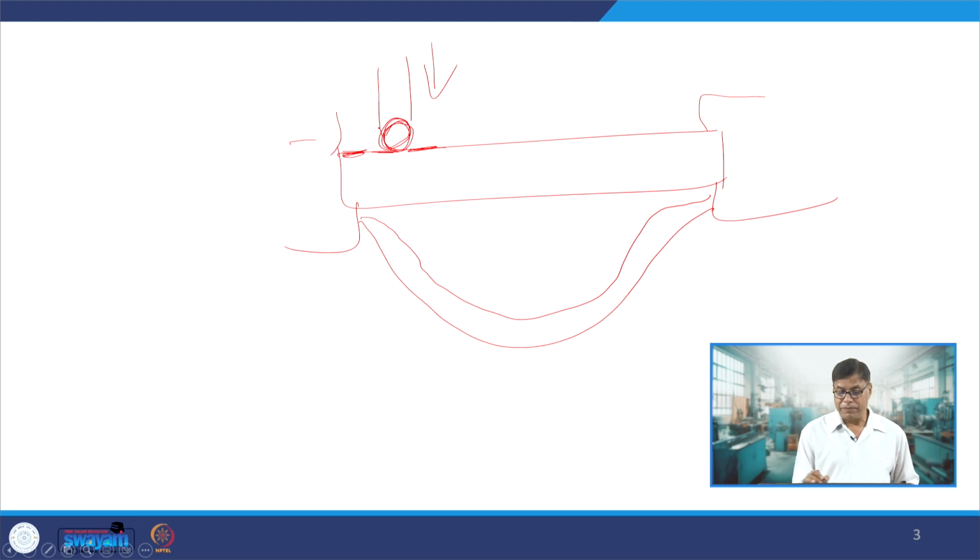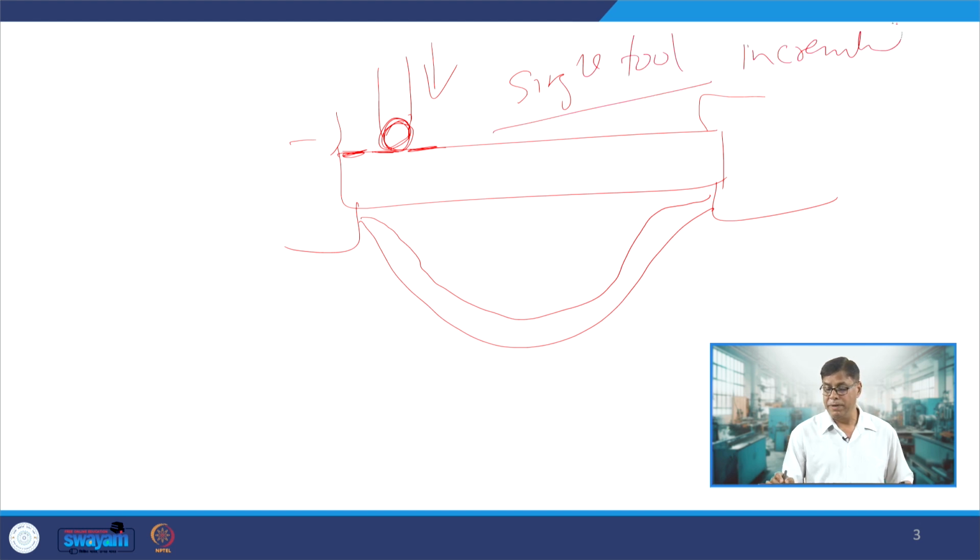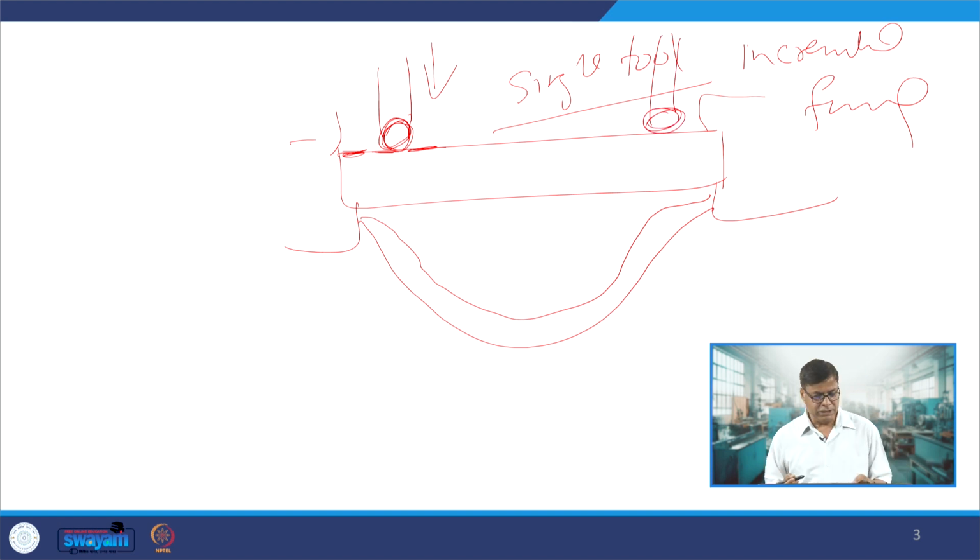So, both x, y and z movement of the tool which will be working on the sheet is controlled either with the help of robotic arms or with the help of a CNC machine. So, it can be single tool incremental forming or it can be double tool. In case of the double tool we will be using two tools to deform the sheet metal.